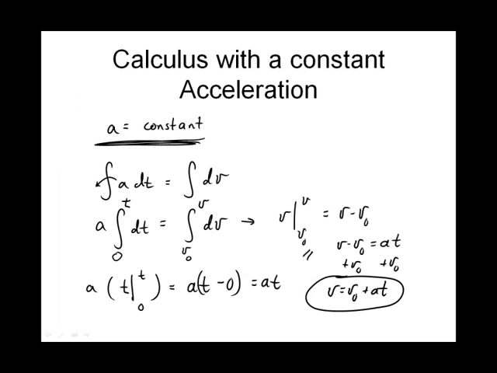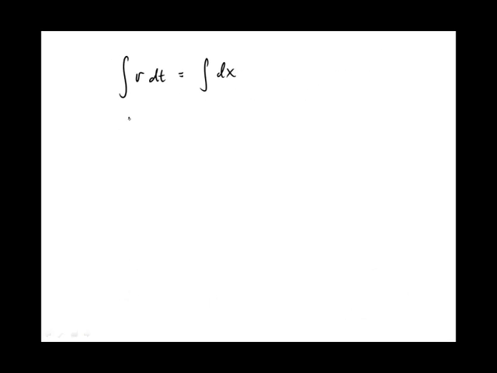Remember, the integral of v dt was equal to the integral of dx. That's right here. But here's v right here. So v naught plus at, I'm going to put that in. So I get the integral of v naught plus at dt equals the integral of dx. I'm going to integrate from some initial time 0 to some later time t. That means I'm going to integrate from some initial position, which we call x naught, or x0, to some later position x.